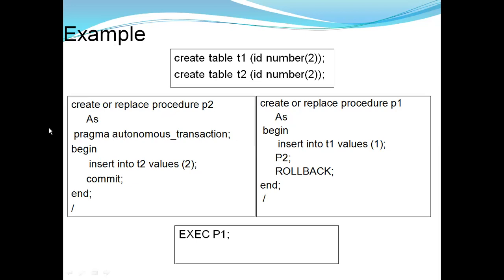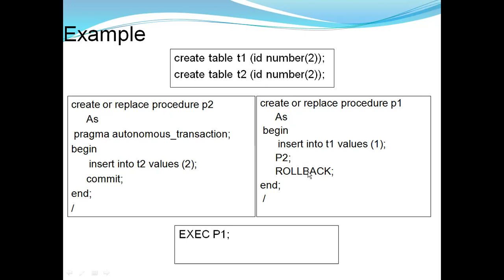Then I say begin, insert into T2, the second table, values 2, and I commit it here and I end. And this procedure is called here. So now pay attention to what will happen. First, value 1 will be inserted in T1. Then this will be executed, so it will insert into table 2 the value 2. Then it is a commit.